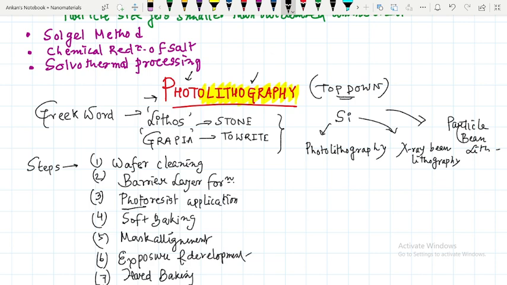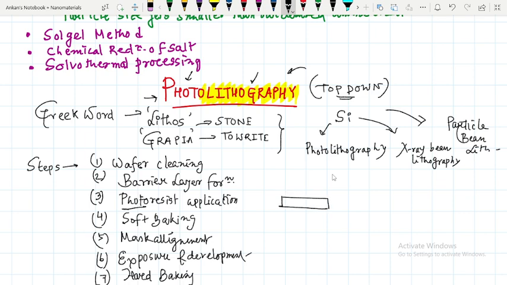Now this is the method. I have told you already that this is a method which involves the top down approach. Top down approach means the degradation of the bulk material. So we have to degrade the substrate which is used in our method to produce the desired pattern of nanomaterials. At first the silicon wafer is taken.